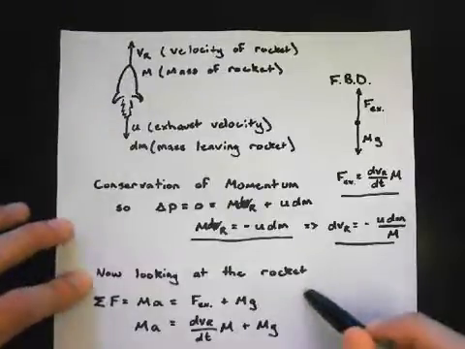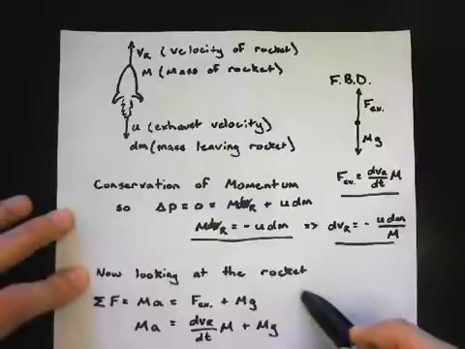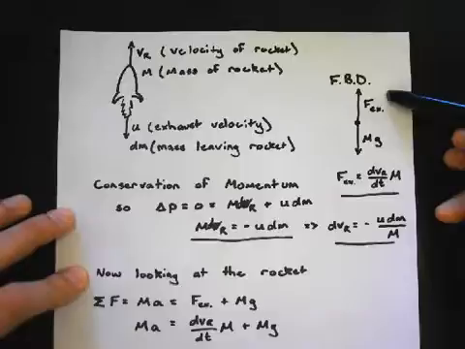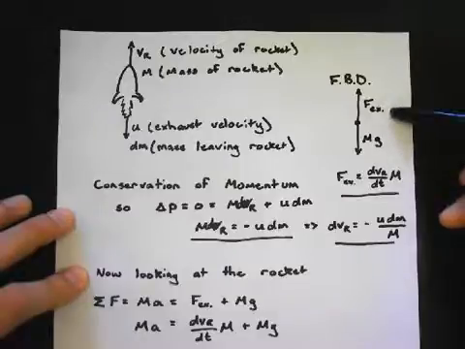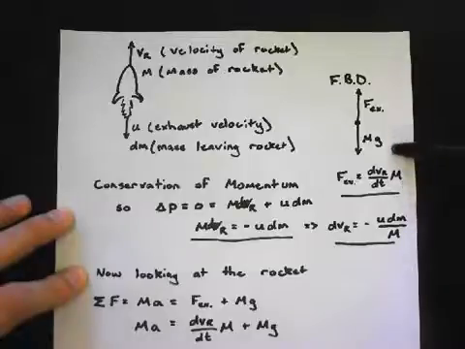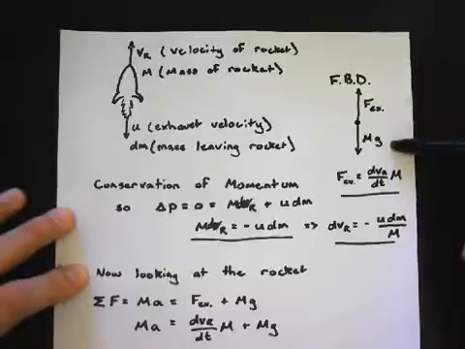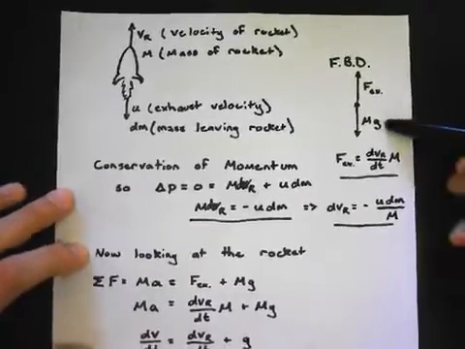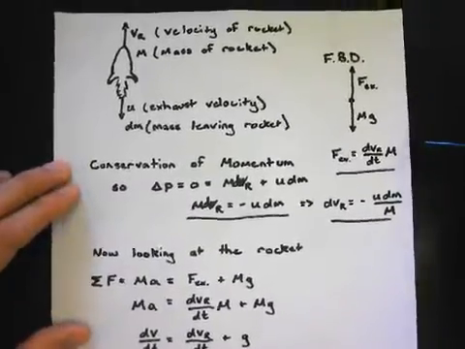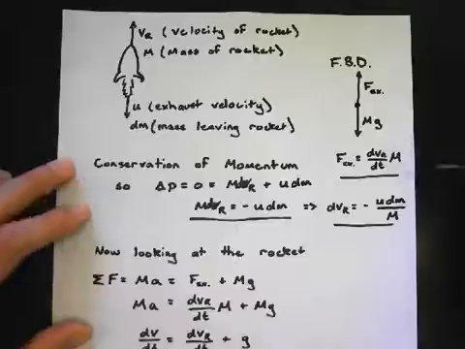Now let's only look at the rocket. Referring to our free body diagram, we have two forces acting on the rocket alone. We have that external force, which we defined as dvr over dt times m, and we have the gravitational force pulling it back down. For this problem, we're going to say that g is a constant negative 9.8 meters per second squared.